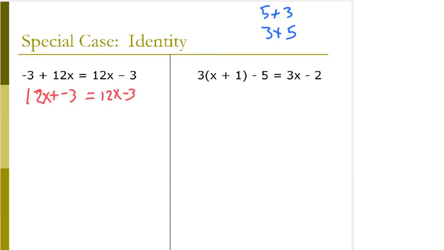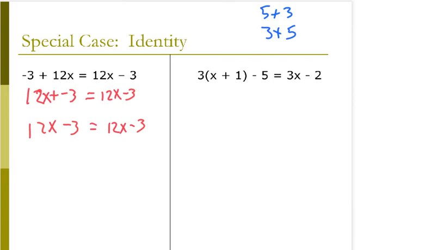So this is really 12x take away 3 on that side, and 12x take away 3 on the other side. So we're saying something is equal to itself. So that will always be true no matter what number you put in there. So this is a case of an identity, where every value would keep the equation accurate.